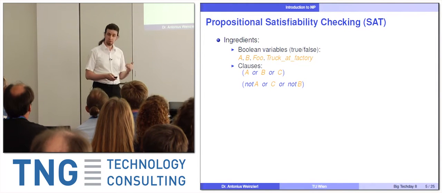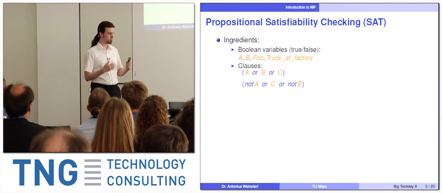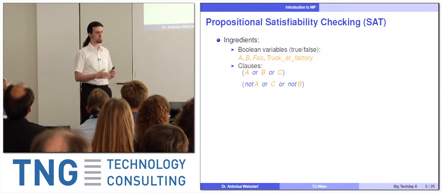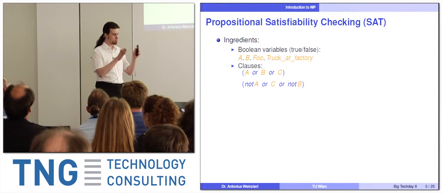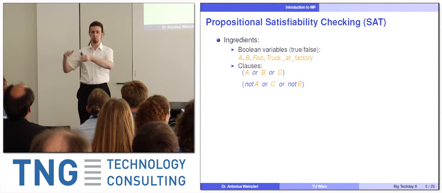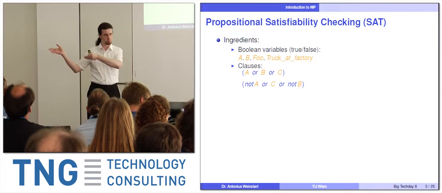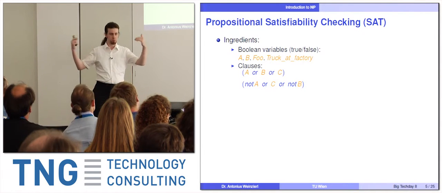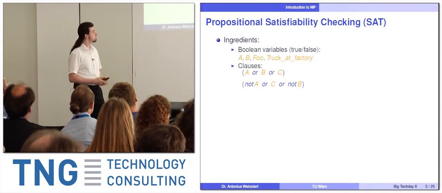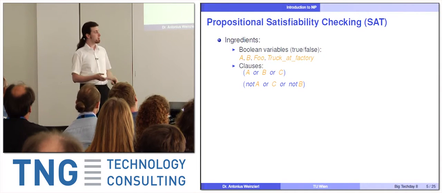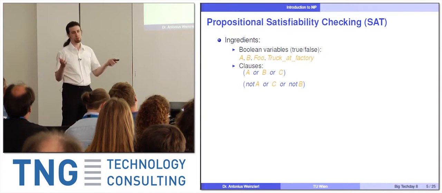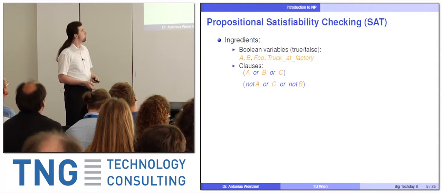And the second ingredient then are clauses, where you have statements which say, well, a variable or some other variable or some other variable or a possibly negated variable, one of these should be true. So the first clause here in this line says A or B or C is true.